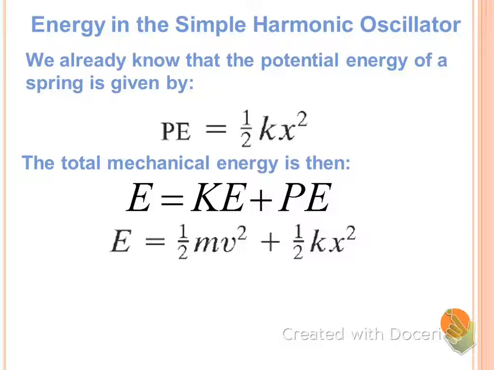And if it's compressed all the way to its max, it would also be potential, because it has the potential to uncoil and go. If it's at its equilibrium point, what would it have? It would have all kinetic because it has no more potential. At its equilibrium point, it's done its job. But then as we start stretching it, it gains potential again because it wants to bounce back to its equilibrium.